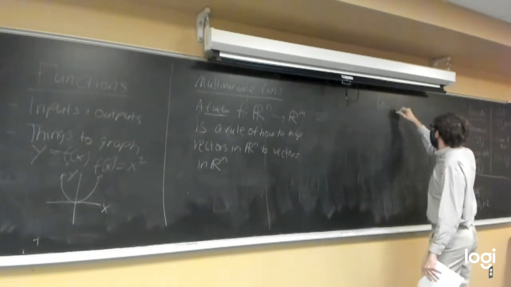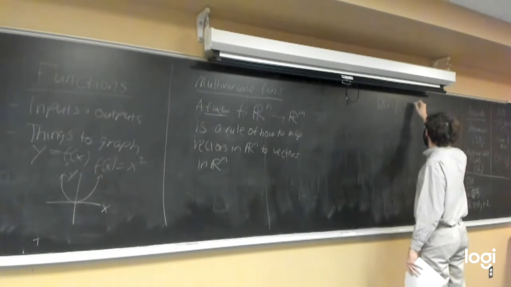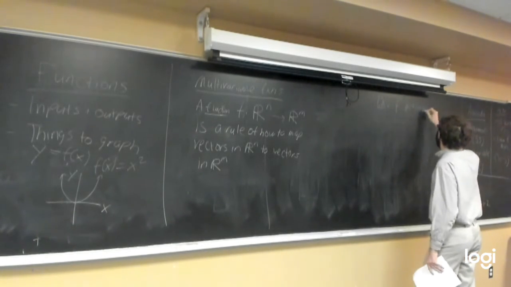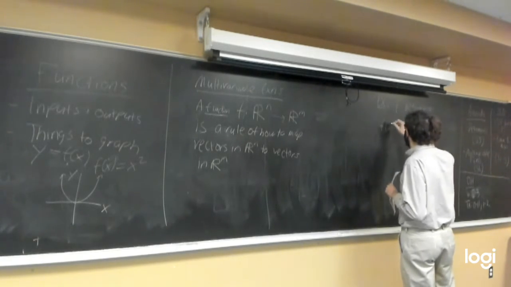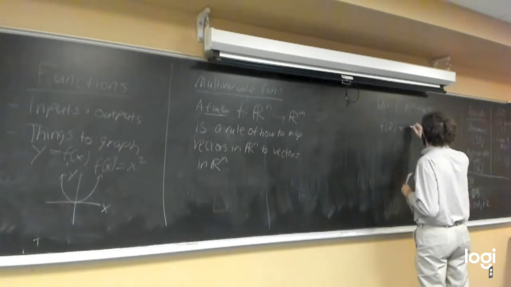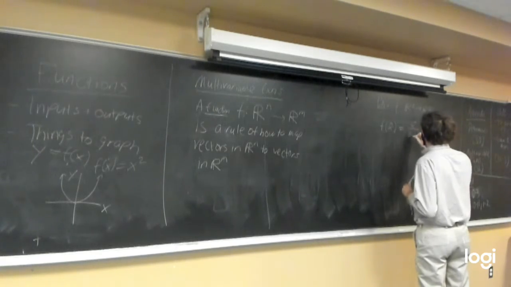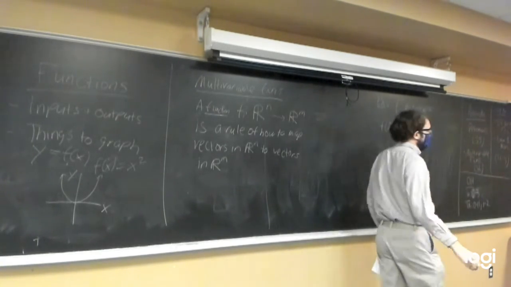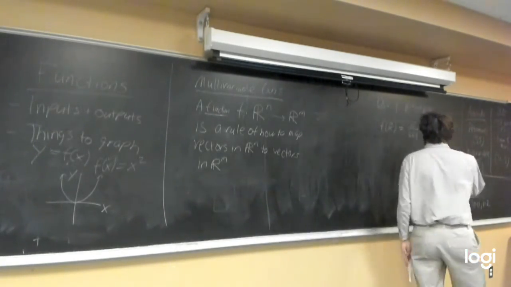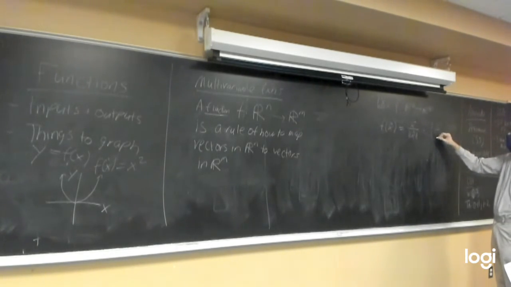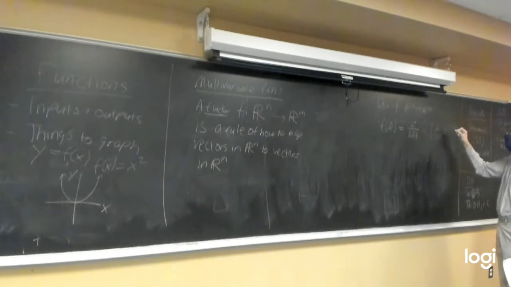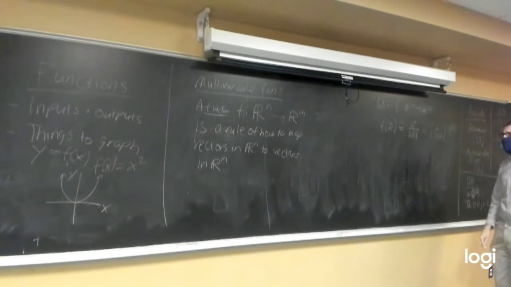Let's say we have a function that takes in and spits out vectors in R2, where f of a vector x is defined to be x divided by the magnitude of x. Or in other words, we multiply x by the scalar 1 over its own magnitude.